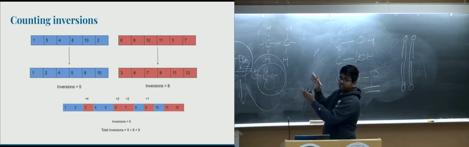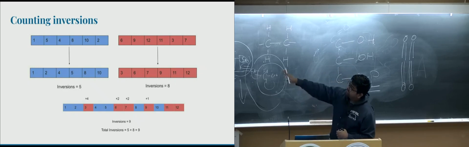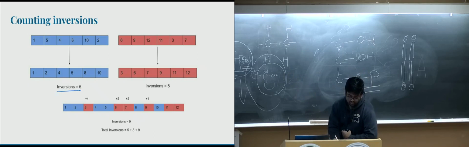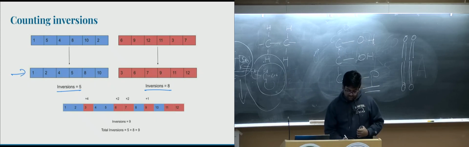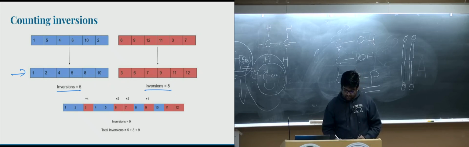We find the number of inversions in the left one and the right one separately, and we will sort them afterwards. While merging these two arrays after sorting, we again keep track of how many inversions we are making, giving the total number of inversions.